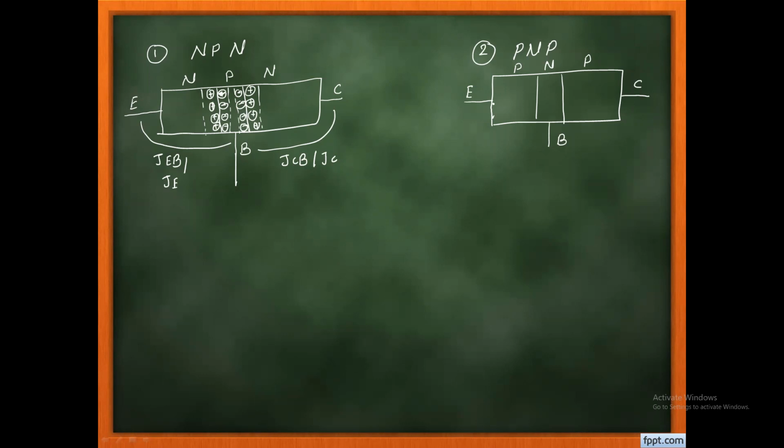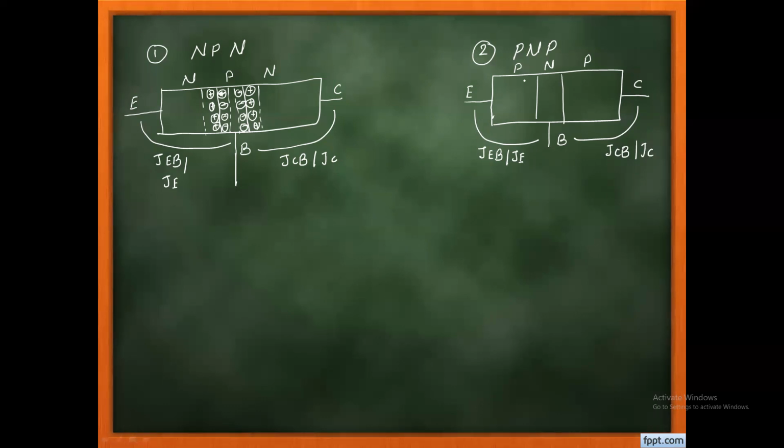If you see the PNP type of transistor also, one junction is present in between emitter and base. We call it the emitter base junction or simply emitter junction. And another junction is present in between collector and base. We say the collector to base junction or simply collector junction.